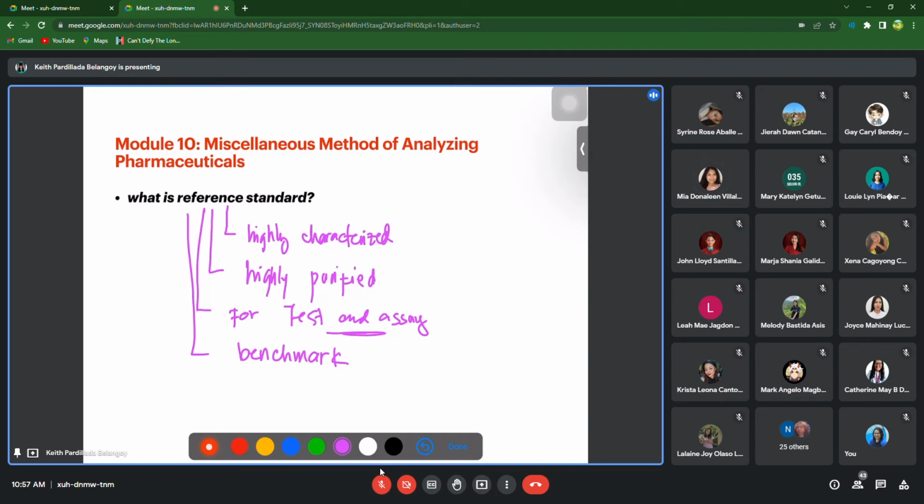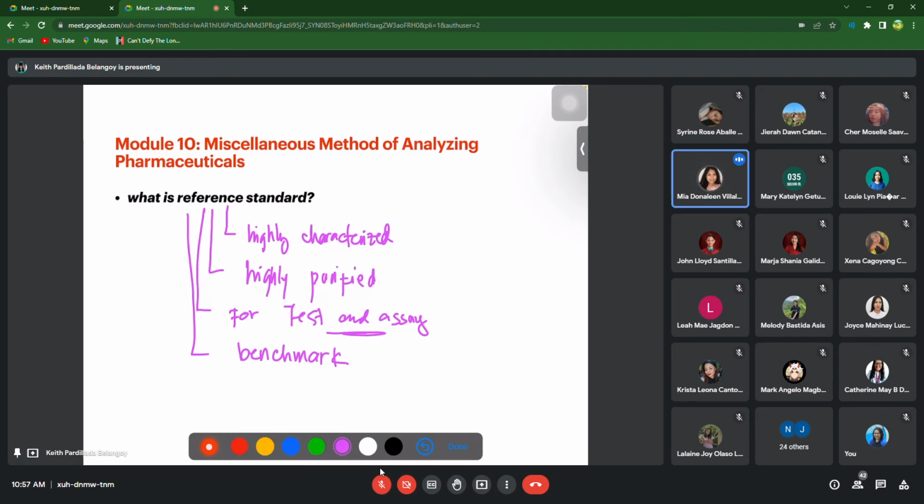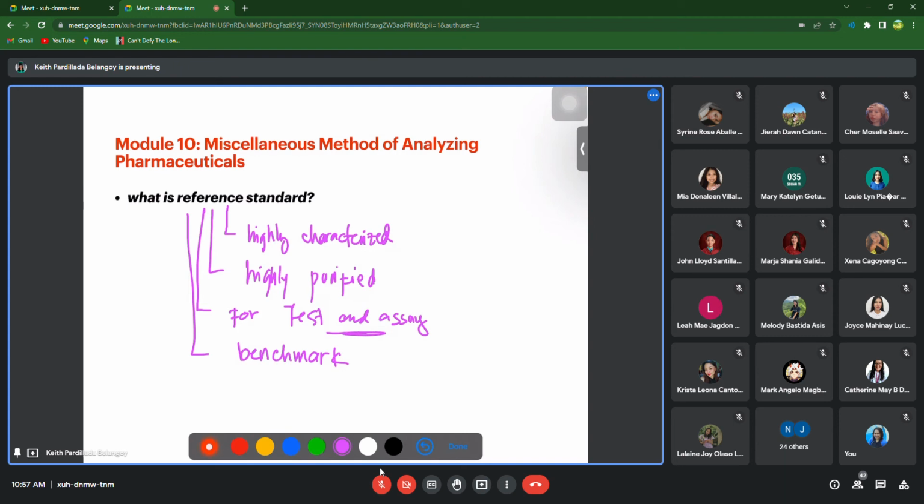How about Beltran? Maybe you can give examples of reference standards or anything you would like to share. Anything else you would add, Beltran?